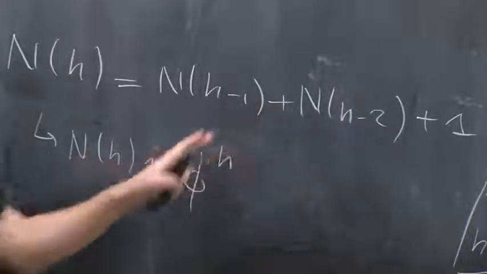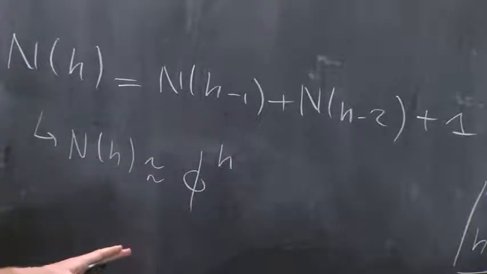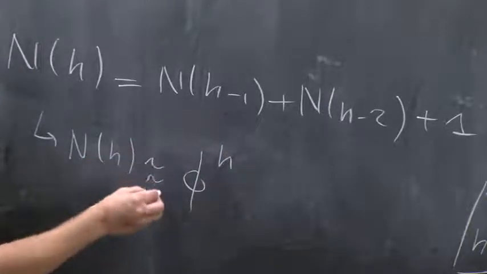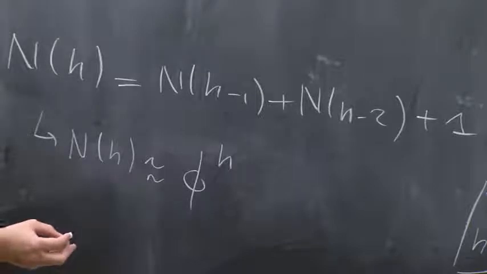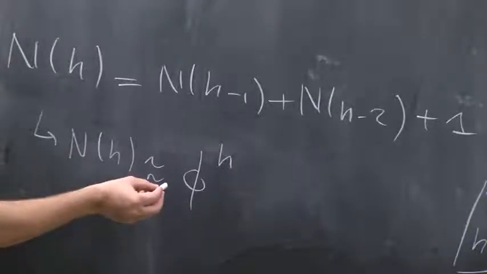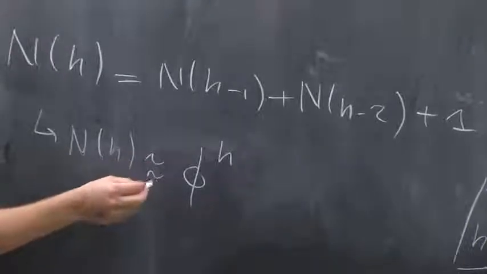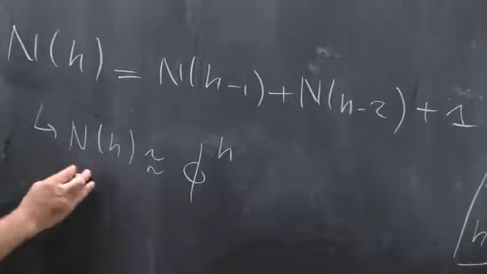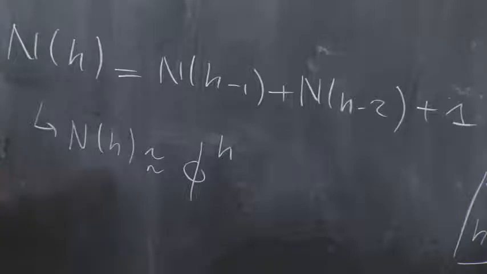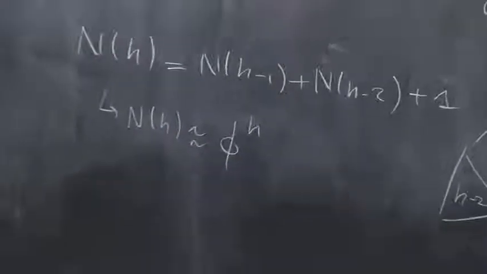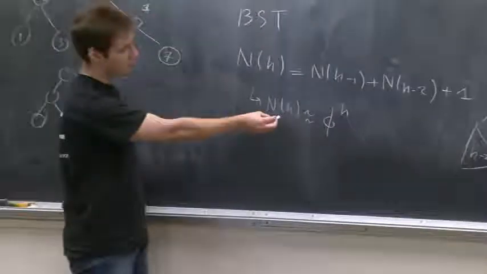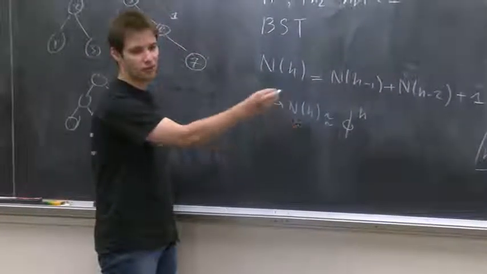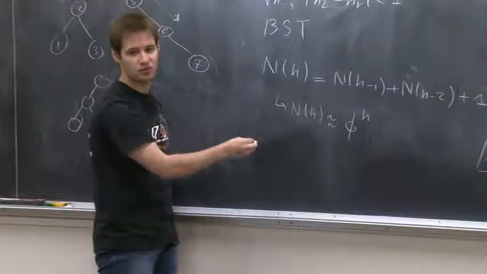So these are bigger than the Fibonacci numbers, which is phi to the h minus something over something. So what really matters is that the minimum number of nodes in an AVL tree of height h is an exponential as a function of h. If you invert that, you get that the maximum height for a tree with n nodes is log n.